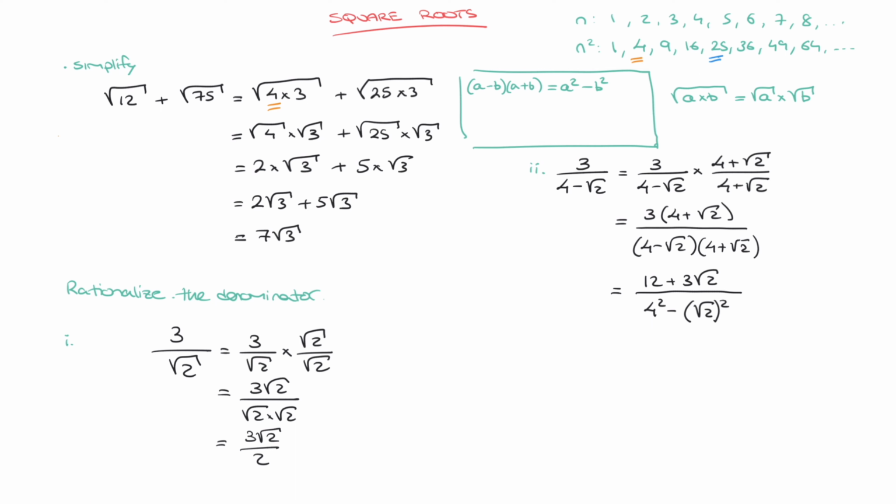There we go. Now, 4 squared is 16. And the square root of 2 squared, well, that's just equal to 2. So we end up with 12 plus 3 root 2 on the numerator over 16 minus 2. We simplify one step further. That's 12 plus 3 root 2 over 14.